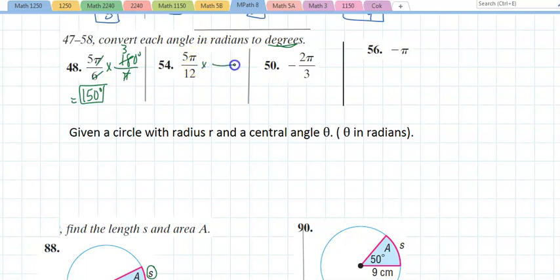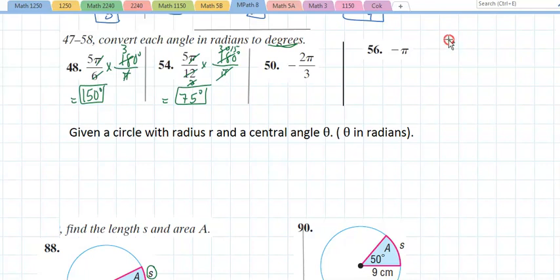If I do the same right there, multiply by 180 degrees over pi, pi's cancel out. Let's divide by 6, that's a 2, divide by 6, that's 30, divide by 2, that's 15, and that is 75 degrees. 5 pi over 12 is the equivalent of 75 degrees.